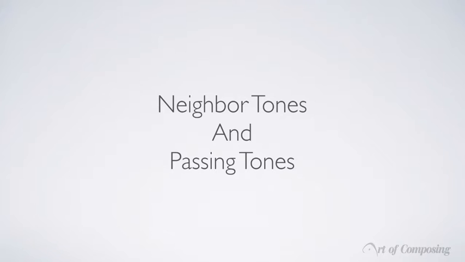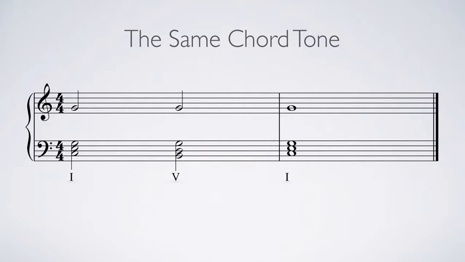For instance, in this example, you have the chords C, G, C. And across all of them, you have the notes G, G, G in the melody. In a situation like this, you can connect the notes using non-chord tones. Specifically, we would use something called neighbor tones.